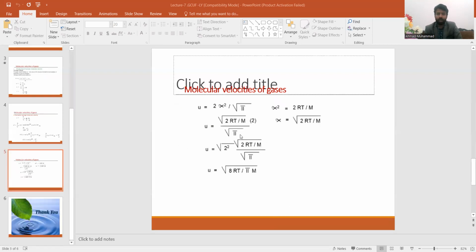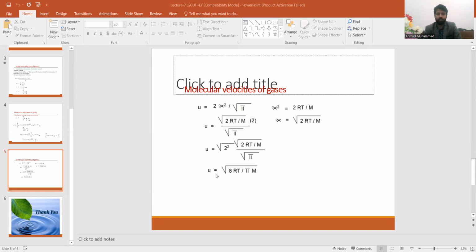Further, we have that alpha square is equal to 2RT over m. Then we can simplify this relation using simple mathematical rules, and this becomes the final equation of the average velocity, which is equal to the square root of 8RT over pi m.